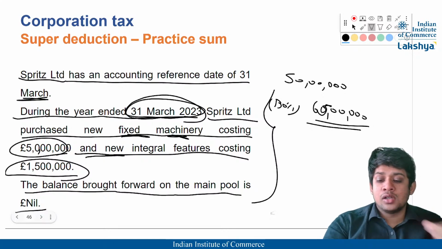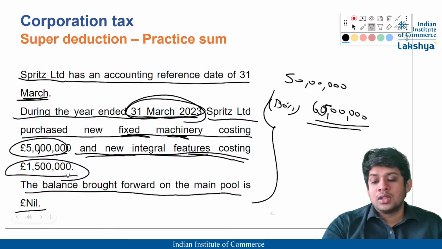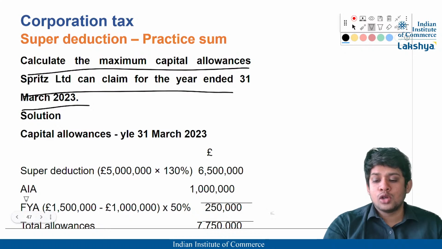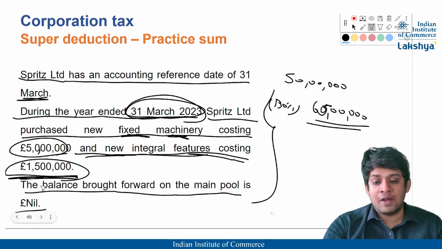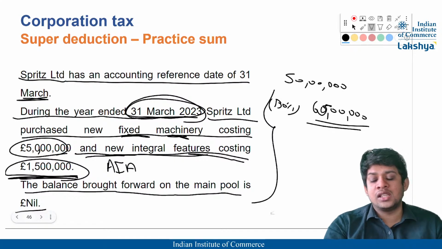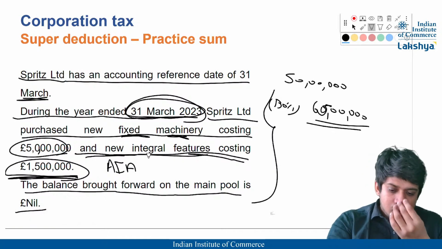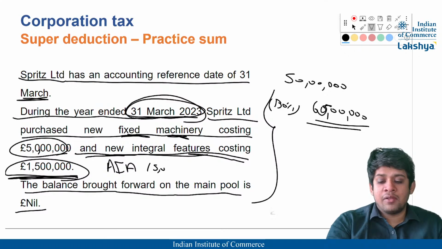There are also new integral features costing 1.5 million. Because these are integral features of a building, they go to your special rate pool, where you get 50% FYA. But first, use your AIA completely on these integral features. They have a value of 15 lakh, and AIA is given 10 lakh, or 1 million, on them.